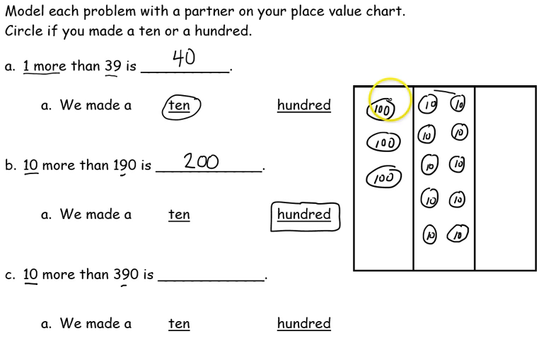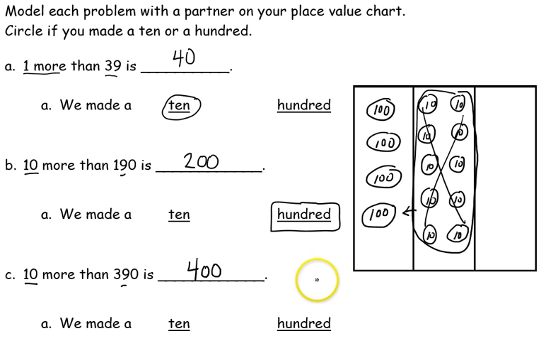And that will allow me to bundle these 10 and trade them in for a 100s disk. These are gone. That means 10 more than 390 is 400. You can see the 4 disks in my hundreds column. And when we did that trading in, we made 100 when we grouped our 10 tens and traded it in for 100.